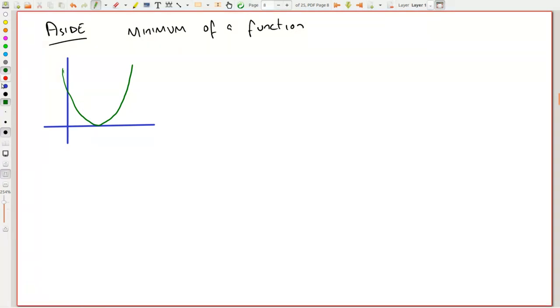Let's call this our x, and this is just some function of x, g of x, for example. So what is our g of x in this example? It's just some function that's a square of x minus some constant.